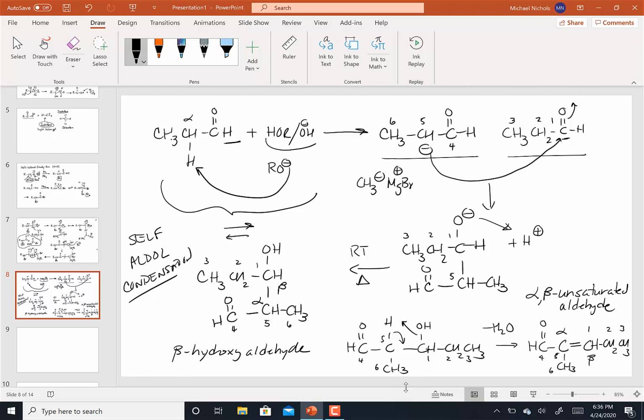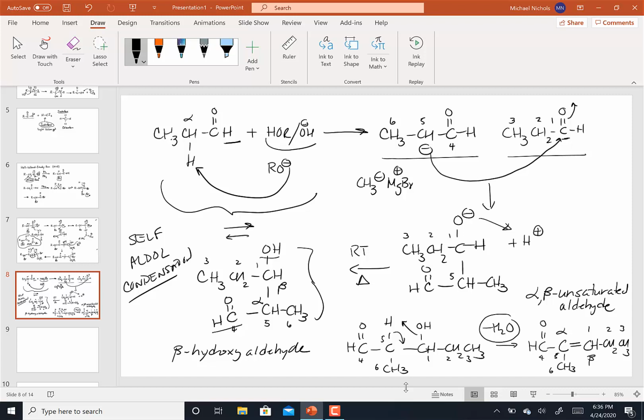Aldol: this product right here, which isn't very stable and usually is then converted to the double bond, is half alcohol, half aldehyde, and so it's called the aldol product. Condensation: whenever a reaction eliminates water, it's called a condensation reaction.